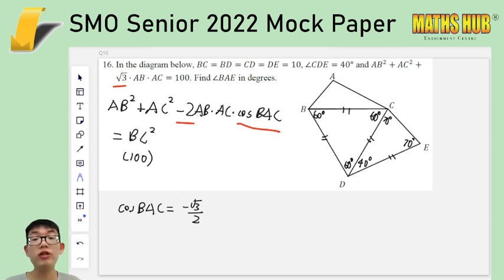That would make the two equations exactly the same, so it has to be the only possible value. And this is a special angle. Cosine inverse of root 3 over 2 is 30 degrees, but this is obtuse and hence negative, so BAC is 150 degrees.